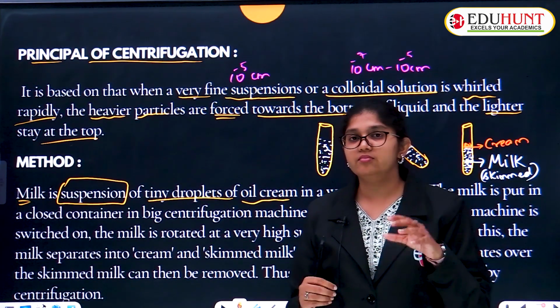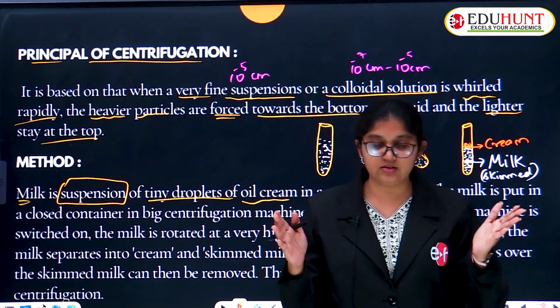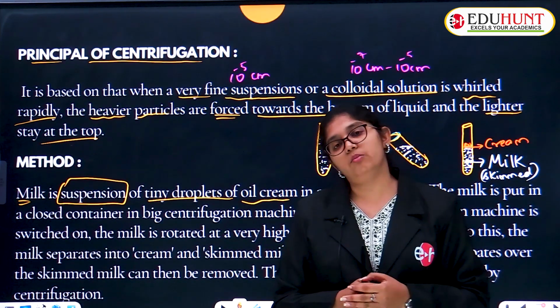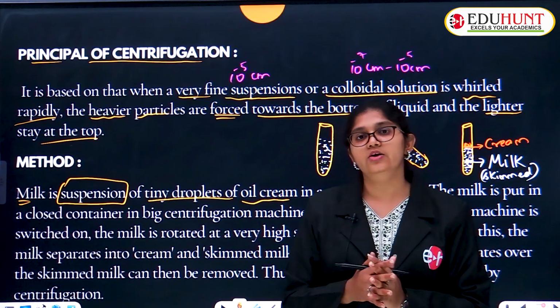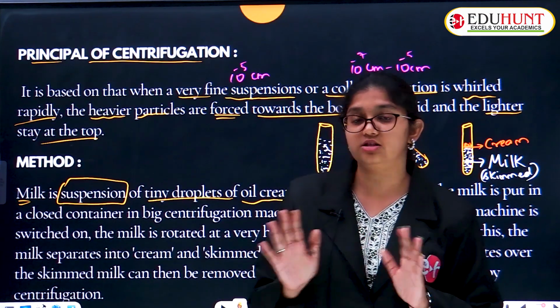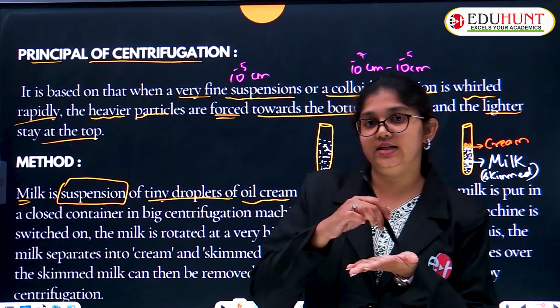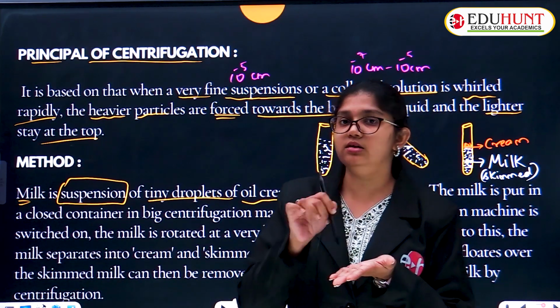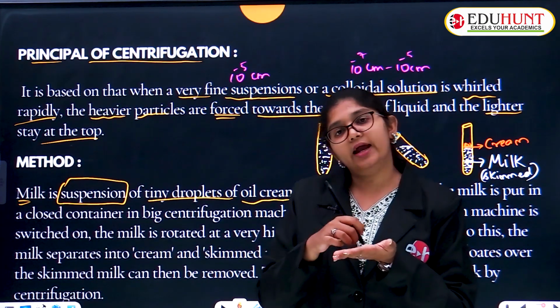Pour the open milk packet into a steel container, a beaker will be easily available. Ask your mommy to pour the milk into the container. Just observe it without disturbing it. You can observe the yellowish oil content settle at the top of the container, and the milk going down.